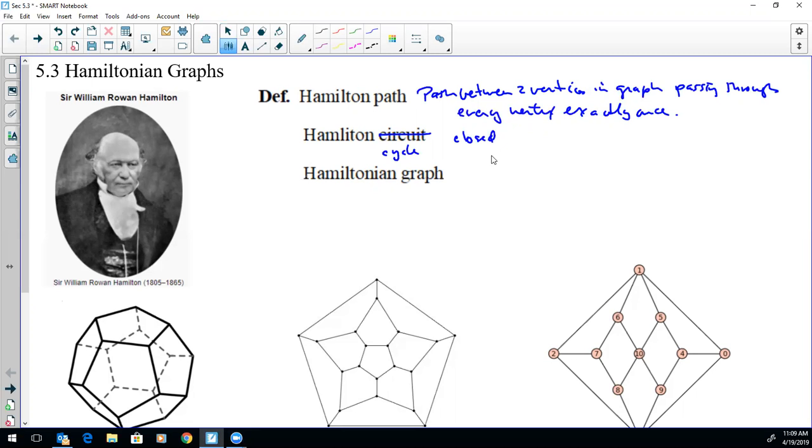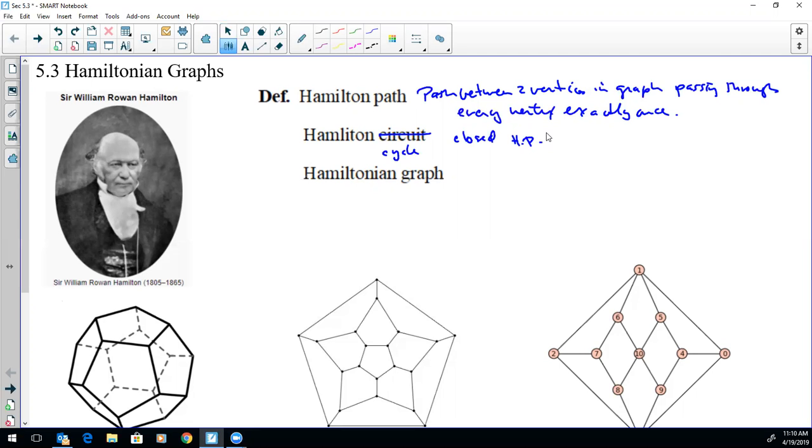Now the book adds the restriction that a Hamilton cycle is a closed path passing through each vertex exactly once with distinct edges, but I don't think that's necessary. If you pass through each vertex exactly once, you're certainly not going to go over an edge twice.